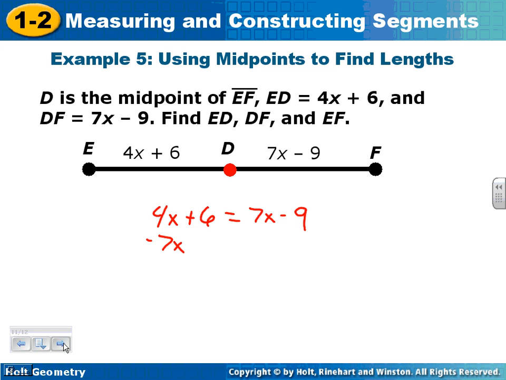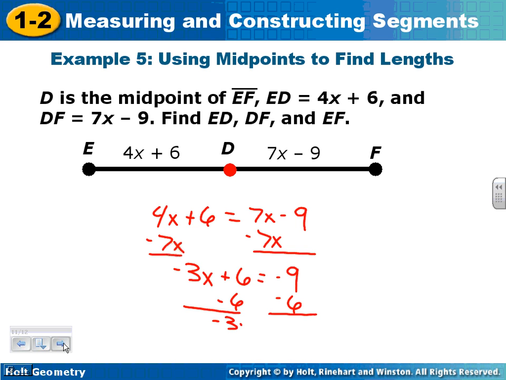If I solve this by subtracting 7x first, that's negative 3x plus 6 is negative 9. Then I subtract 6. Negative 3x is negative 15. Divide by negative 3. I get x is 5.